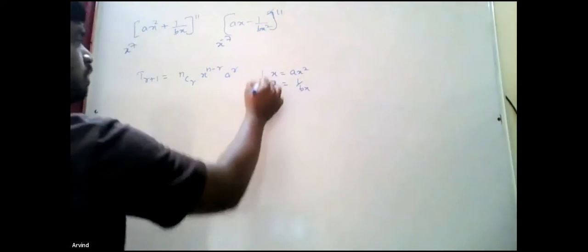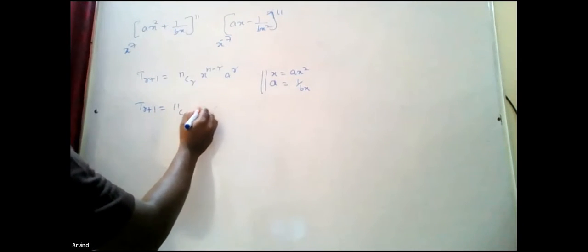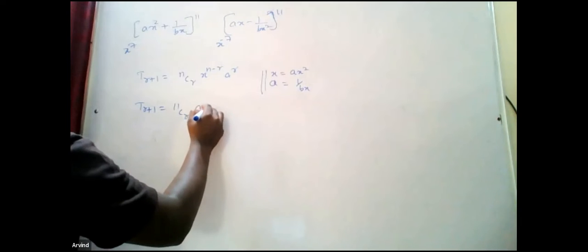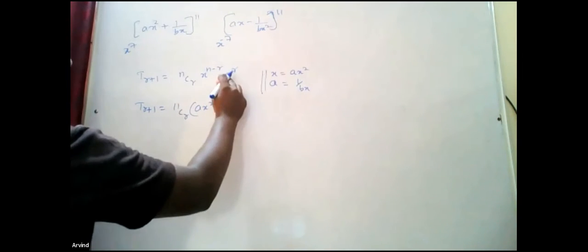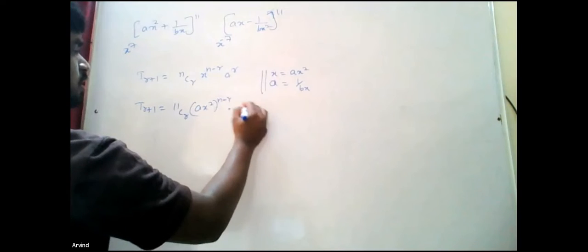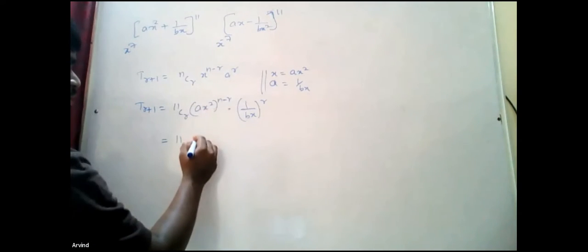Okay, for the first one, Tr plus 1 is equal to n, that is 11, Cr, and in place of x we have (ax squared) whole to the power n minus r, and in place of a we have (1 by bx) whole to the power r. Let me simplify this, 11Cr, using laws of exponents.